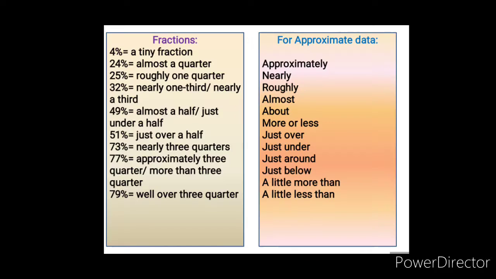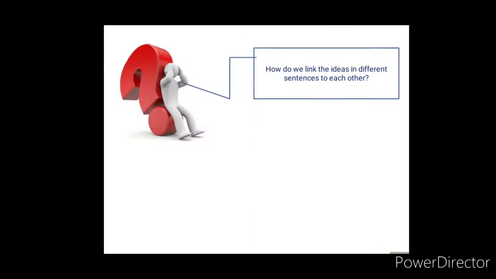So this will definitely make your writing interesting, and the reader will take keen interest in reading your writing. In a similar way, fractions can be written: for 4%, you can write a tiny fraction. For approximate data, write approximately or nearly or roughly. So this is how you can write it.